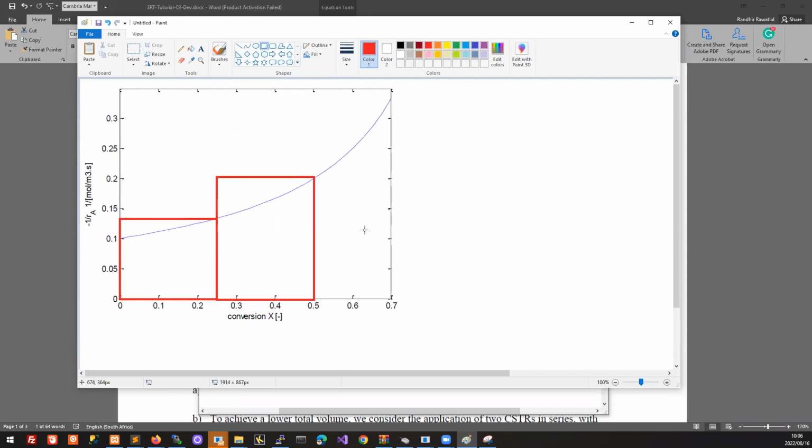I think you can see quite easily now how to do this calculation. So you've got your delta X 0.25, your height here, maybe this is about 0.17. And then in this case, it's going to be 0.5 minus 0.25, and the height here is about 0.2.